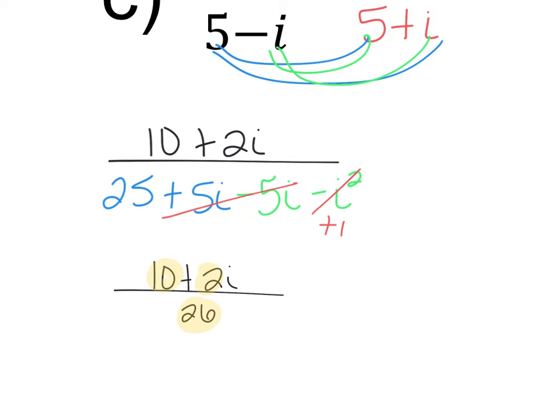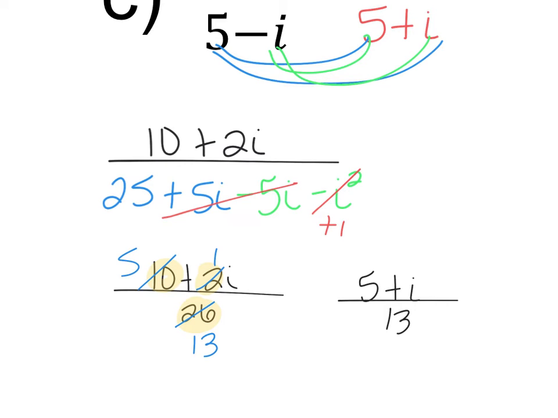Is there any number that I can reduce all three of those numbers by? The answer is yes. You can divide all of them by 2, right? So this would become a 5, this would become a 1, and the bottom would be 13. So you get 5 plus, and you can write 1i, I'm just going to write i. 5 plus i over 13.